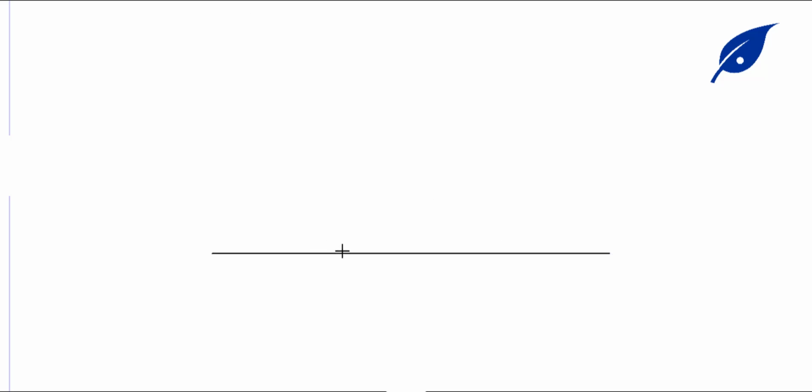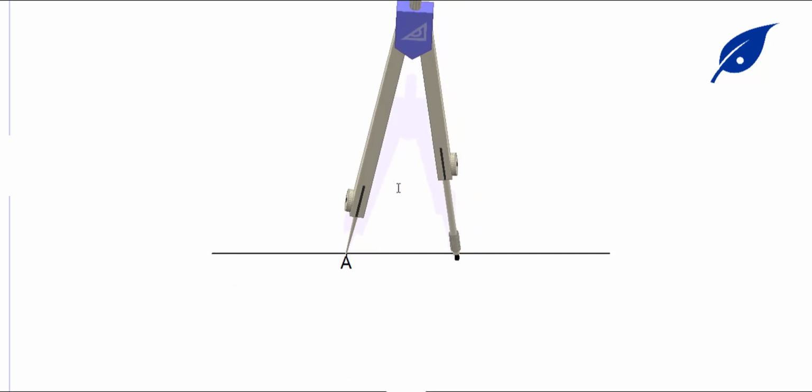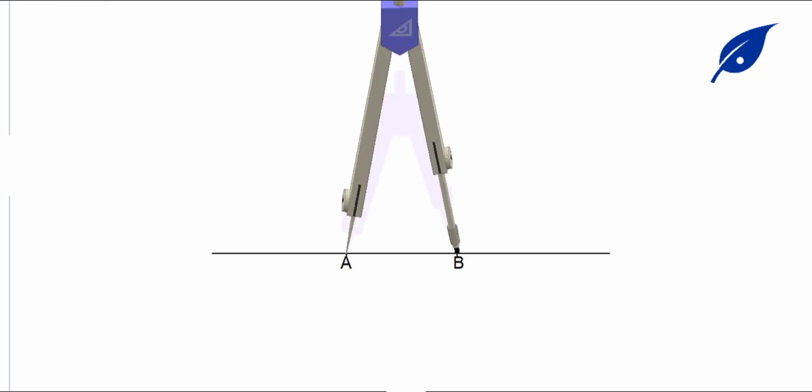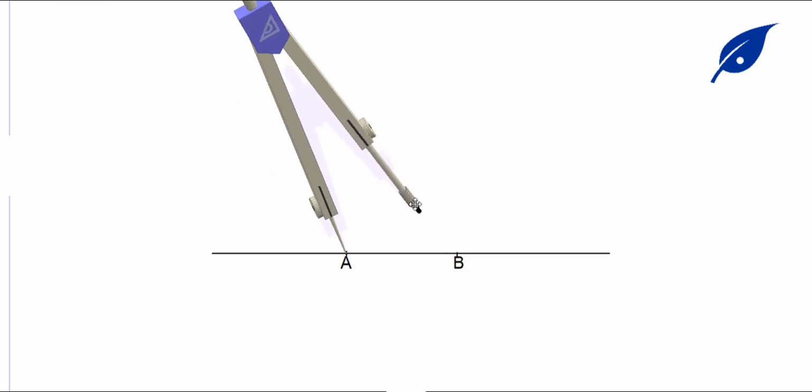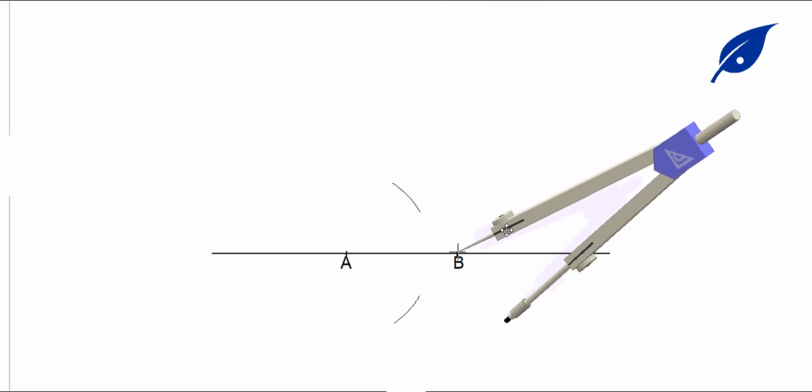Method 3. At this point, we'll draw a line AB, which is 40 mm. I will bisect the line AB.